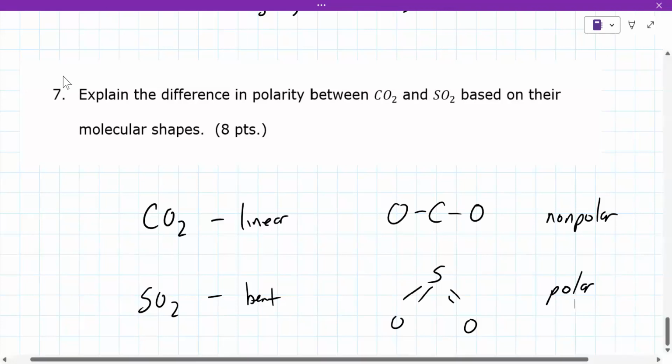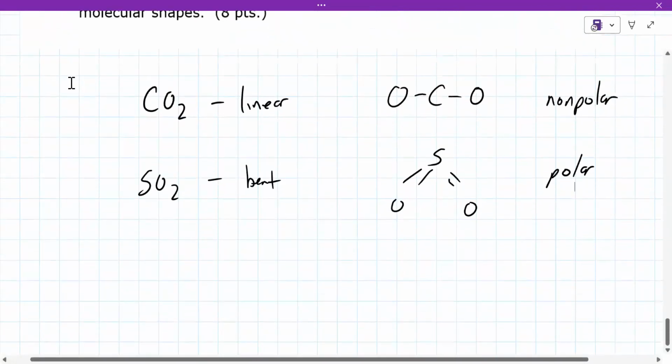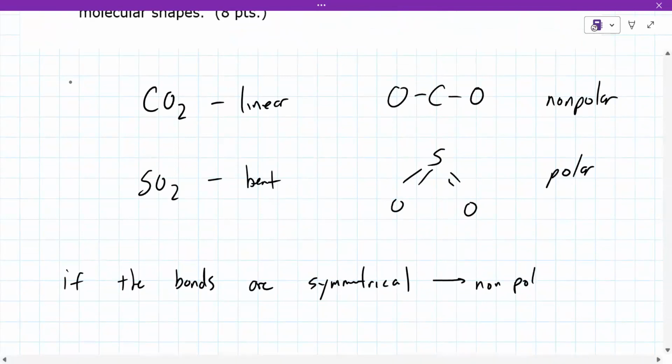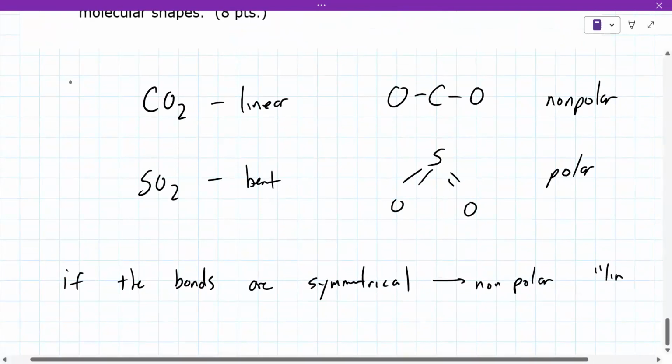The simple answer here is that if the bonds are symmetrical, then it is non-polar. You can think of that as the linear one. And if they are not symmetrical, which is the bent one, it is polar.